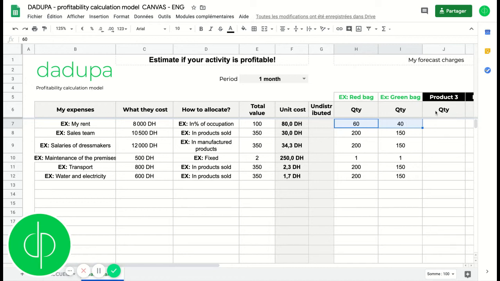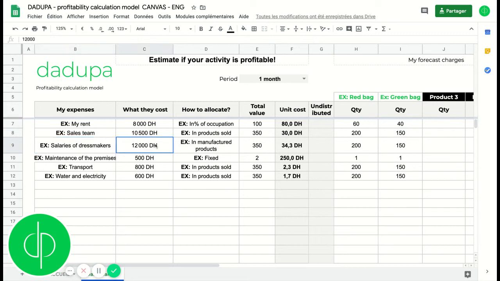If you have a third product, for example 60%, 20%, 20%, but it has to make the total value. For the sales team, you have 10,000 dirhams in general. You are allocating it according to the products sold. You have 350 products sold, so you put 200 for the red bag, 150 for the green bag.